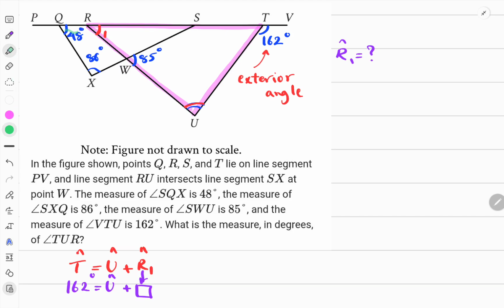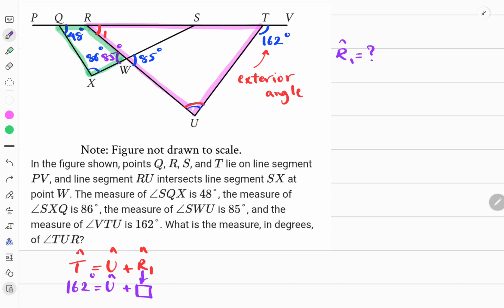We have a quadrilateral here, QRWX, and in this quadrilateral we have four angles, and we know the size of three of them: 48 degrees, 86 degrees, and this side of W is 85 as well, because W1 and W2, these two are vertical angles or opposite angles, and we know that they are always equal in size.